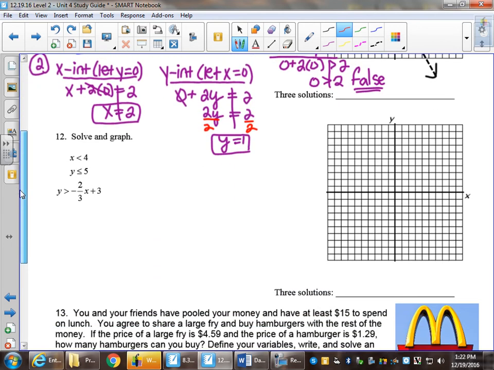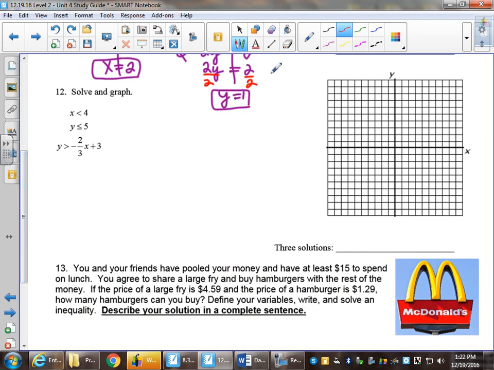Number 12, we've got 3 lines as part of the inequality. So that means we're actually going to graph 3 lines. But if you notice, we've got some special cases here. So if you keep confusing what's supposed to be horizontal and what's supposed to be vertical, pay close attention to number 12.